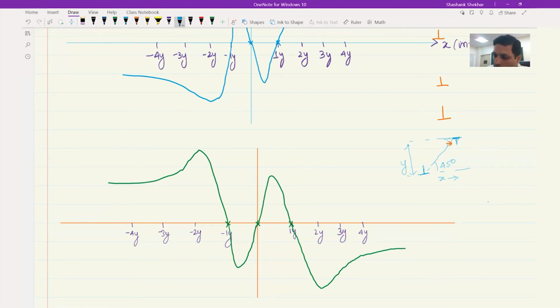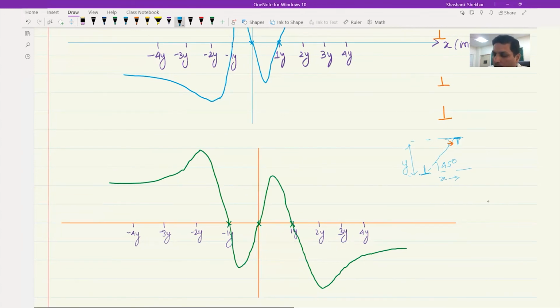And if the dislocation moves away from 1y, or x is greater than 1y, then it is over here, and the forces are acting in this direction, meaning now they are trying to bring the dislocation into equilibrium in this position. So this 45-degree line becomes the stable equilibrium position. Earlier this was an unstable equilibrium position.